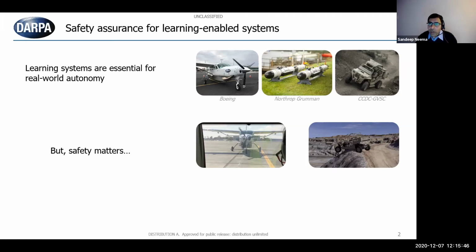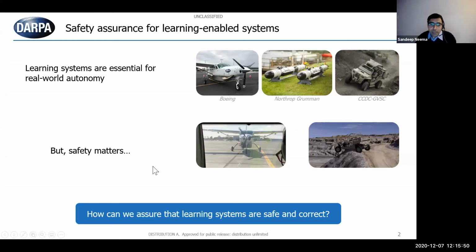So the real problem that we set out to address in this program is how can we assure that learning systems are safe and correct? Now, assurance of safety critical systems is not a new problem. It's a hard problem, but not a new problem.